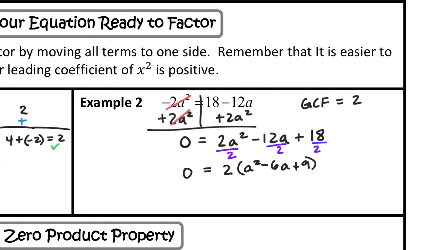Let me fix this negative here. And then we can use the table method, or you can see that it's a perfect square.